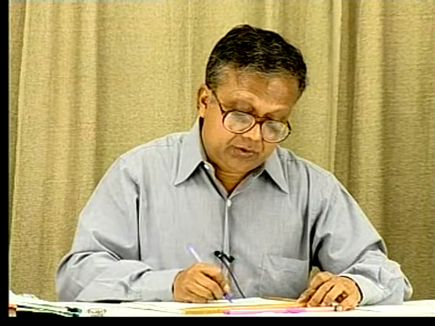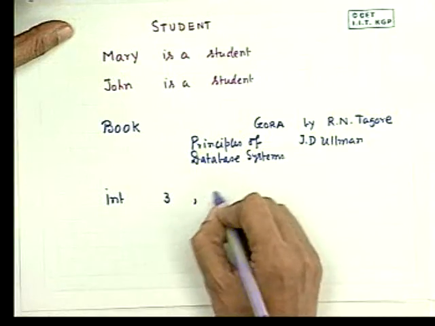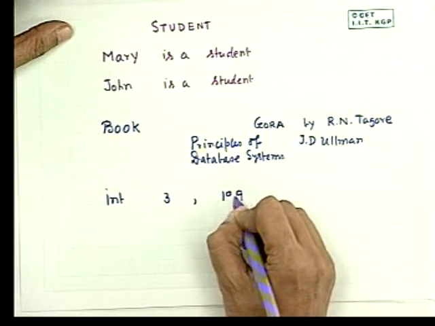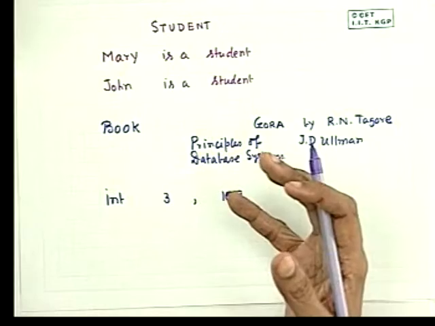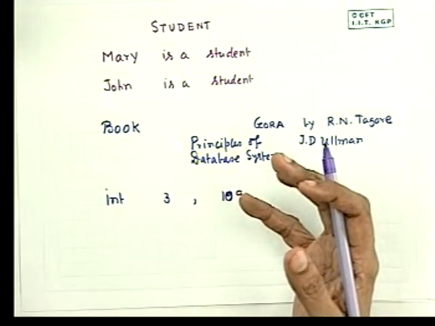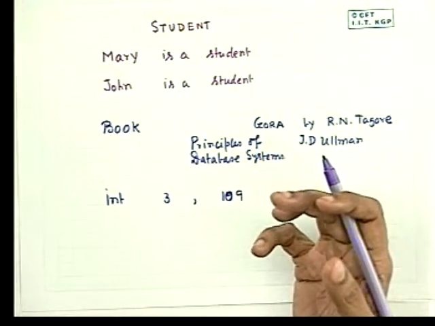All of them are books. If you look at another domain, in the case of an integer, 3 is an integer, 109 is also an integer. These are also instances of integers, and we can treat each one of them as an object. So an object is an abstraction of a real world entity.